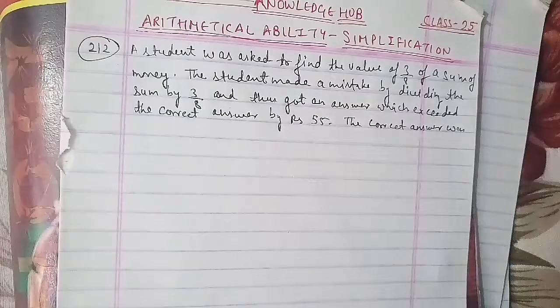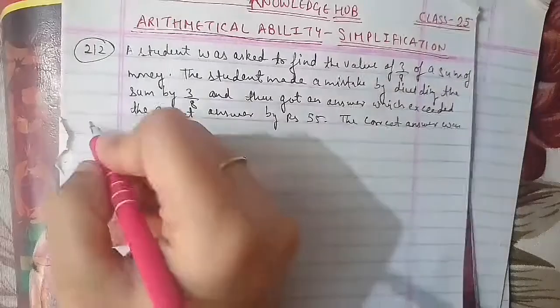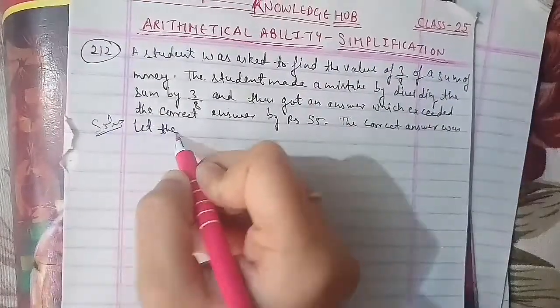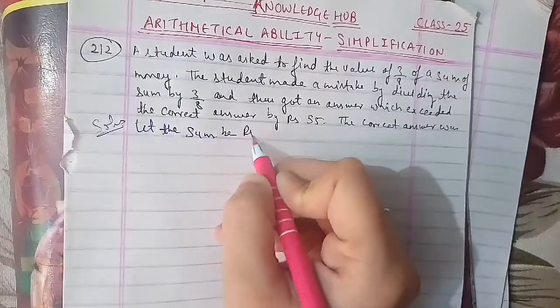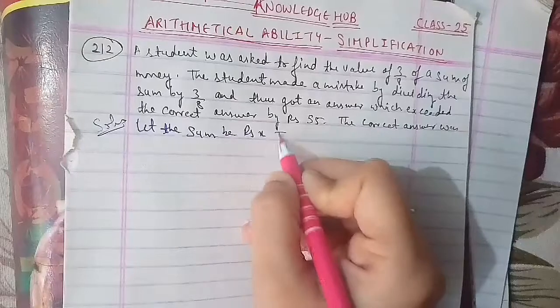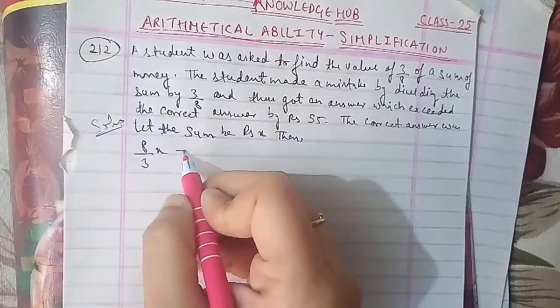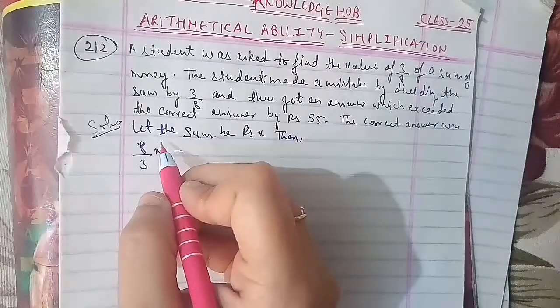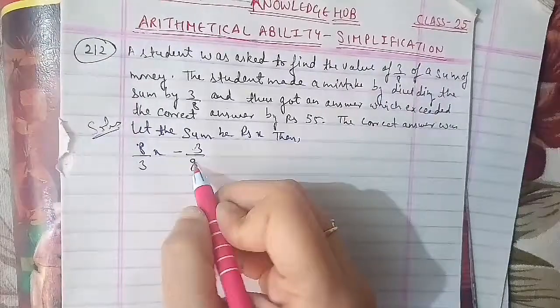Let the sum be rupees x. Then 8 upon 3 x minus 3 upon 8 x equals 55.